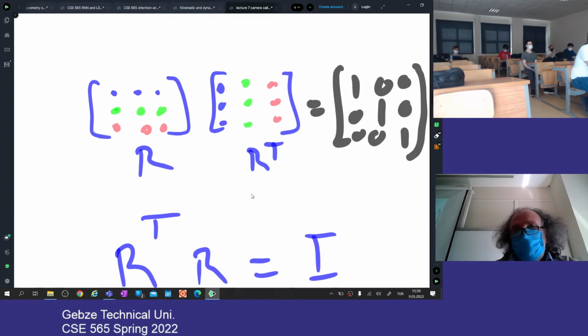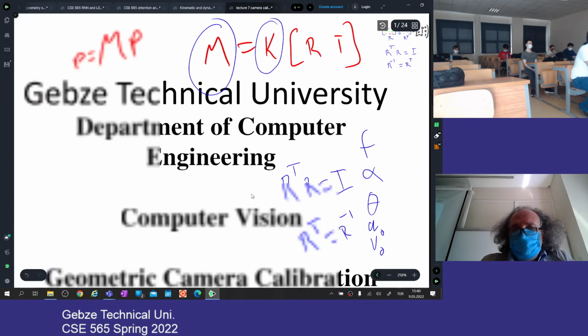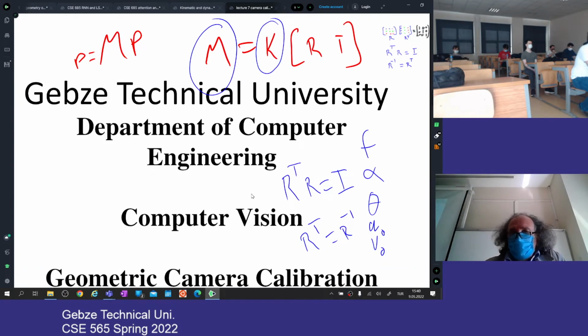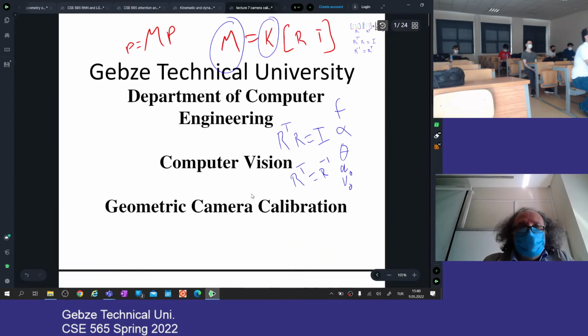So that's the meaning of this R times R transpose equal to this. Okay, that's the definition. That comes directly from the definition of orthogonality. So we are going to use this feature a lot. Good. Okay, so let's move on.